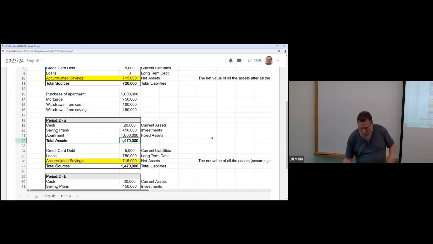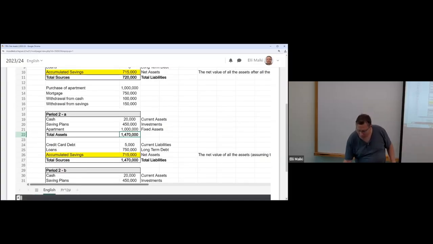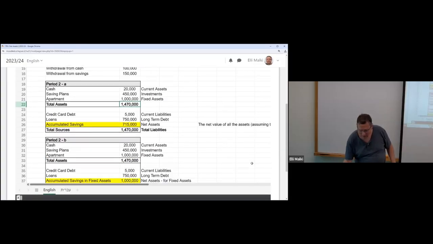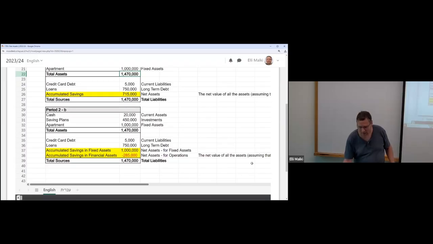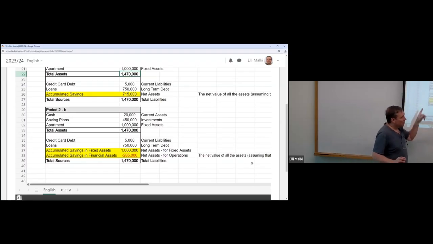Now, let's move to the last part, which is what we see in the analysis of financial statements. The table period 2A reflected what will be my situation if I liquidate all my assets, if I sell the apartment.